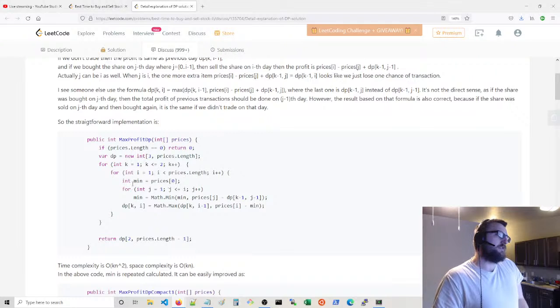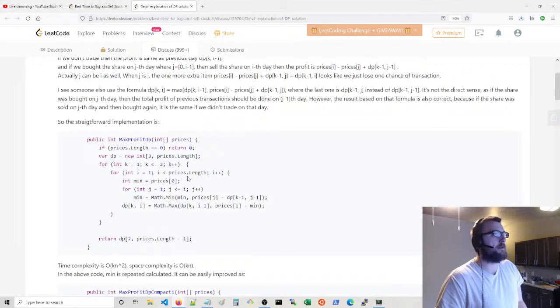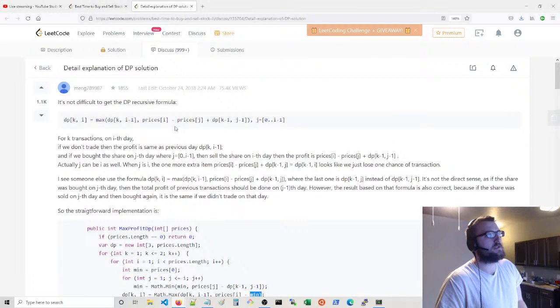The other idea, though, is he's actually saving a little bit of memory by using this inner loop. That's the key. So he's optimizing for memory a bit here. And the way he's doing that is he's saying, okay, we're going to have this minimum, and we're going to say prices of i minus the minimum. Now, it's as if he put these two together.